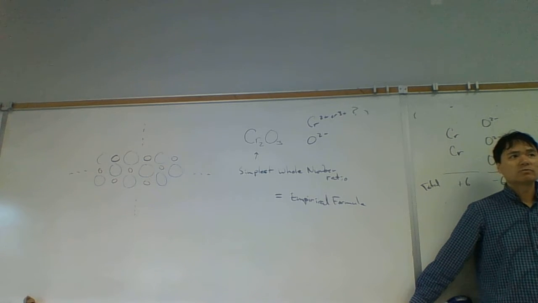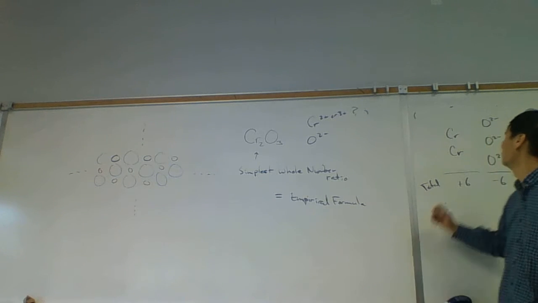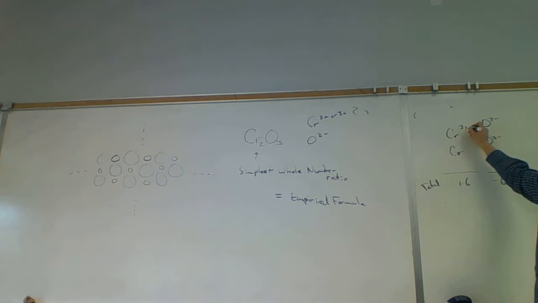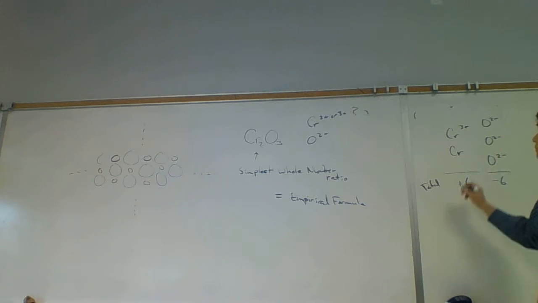Well, ionic compounds, we need to name the cation. So we figured out what the cation is. The cation is chromium. It's got to be 3 plus. Otherwise, charges don't balance. And so the way we name this is we call it chromium. This is the name of the cation. But since it's variable charge, we have to add the Roman numeral 3.